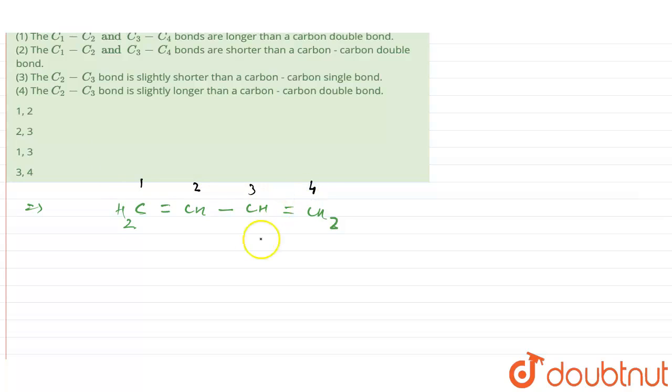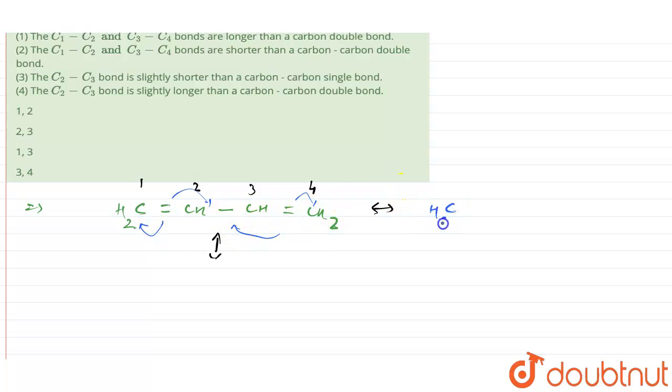Now what happens? This butadiene molecule can undergo resonance to give these products. This double bond will shift on this part, and this double bond will go on this part. Similarly, this double bond can go in this part. So there will be 2 resonance structures. I'll draw the resonance structures one by one.